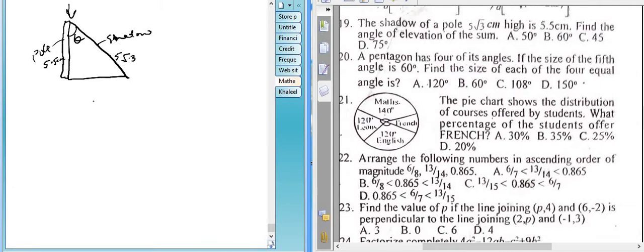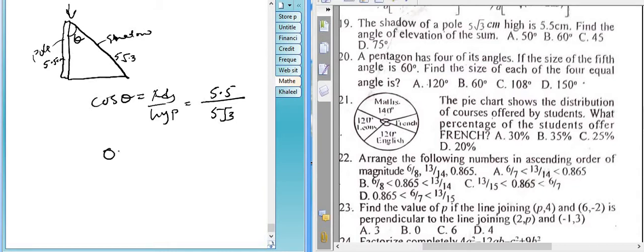trigonometry, we can say cos theta is equal to adjacent over hypotenuse, which is equal to, we have the adjacent as 5.5, and our hypotenuse, that is the longest side, is 5 root 3.